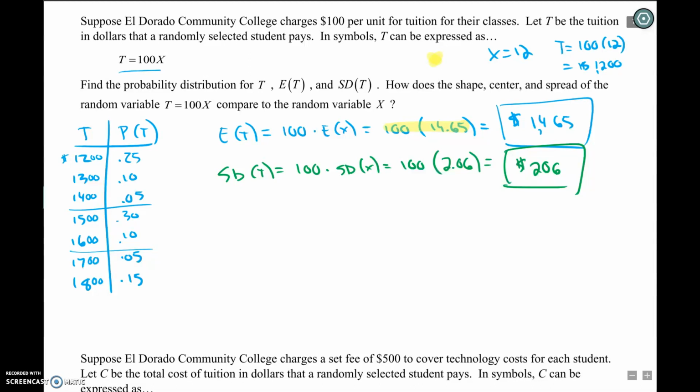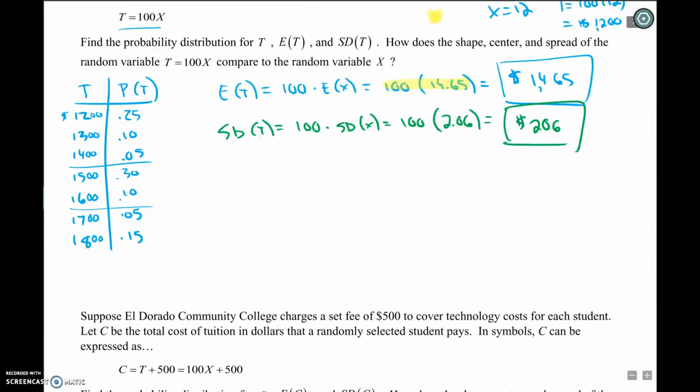So the tuition is going to be about, on average, $1,465, and the typical deviation from the mean for each student would be about $206, okay? How does the shape, center, and spread of the random variable x compare to that? Well, the centers are multiplied by 100, the spreads are multiplied by 100, and the shape is the same.